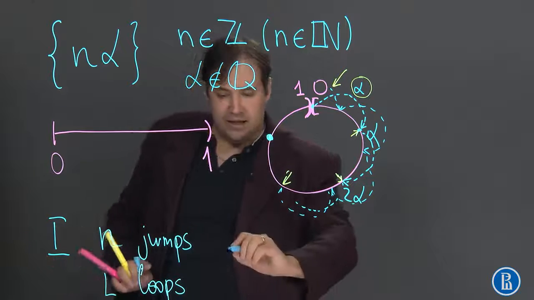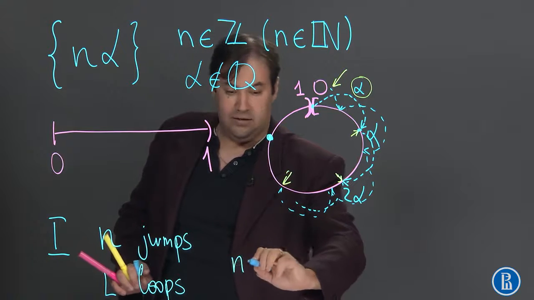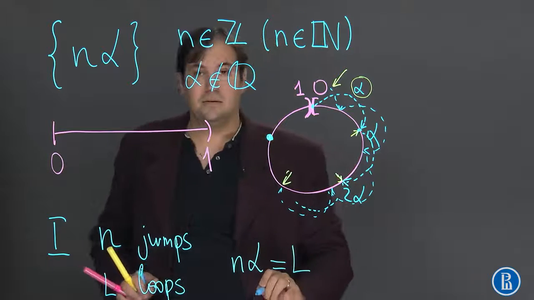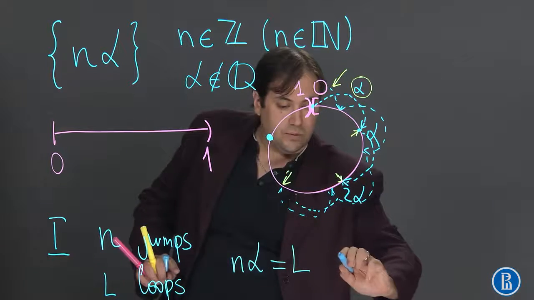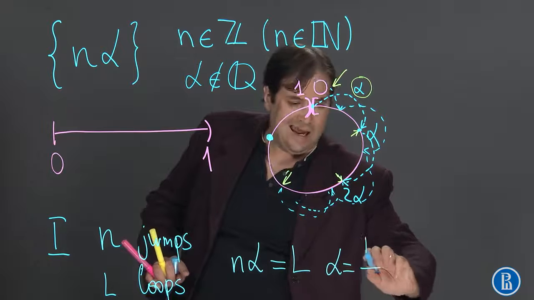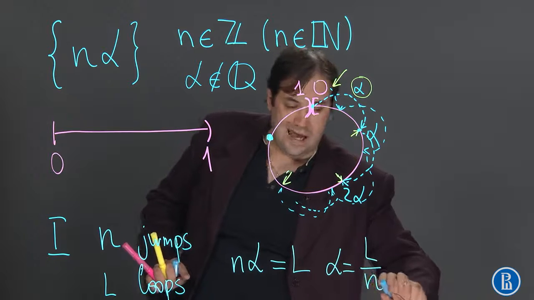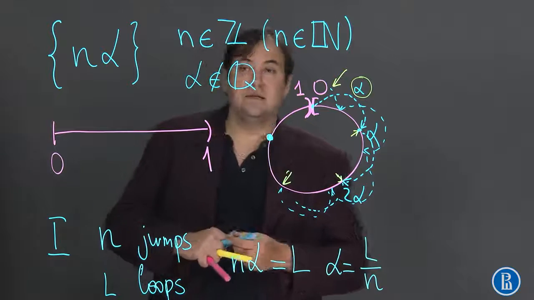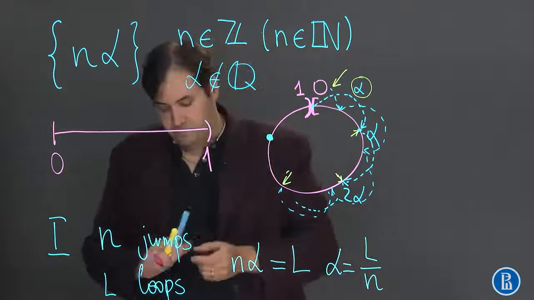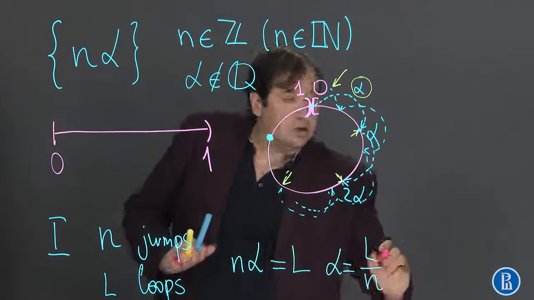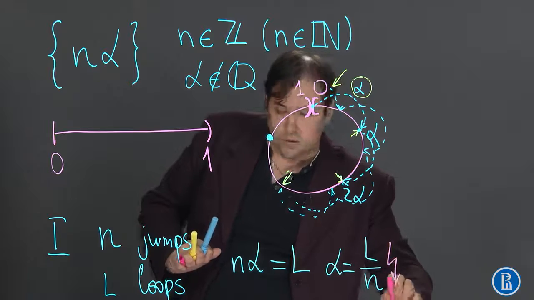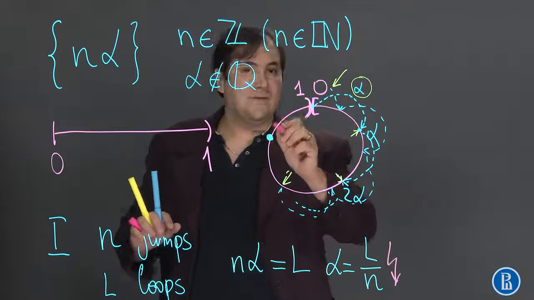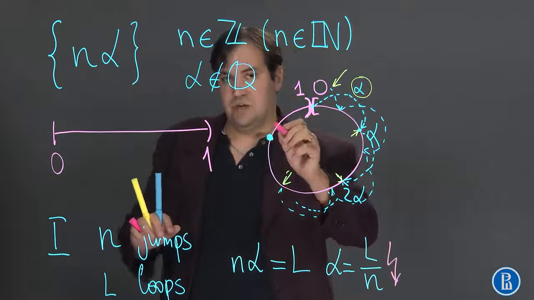Well, this means that n alpha is equal to L. So alpha would be equal to L over n, but this is not possible since alpha is irrational. So this is a contradiction which shows that the grasshopper never returns to points where he has already been.